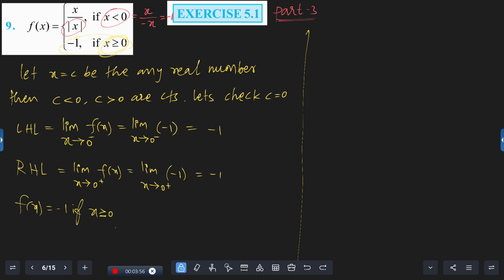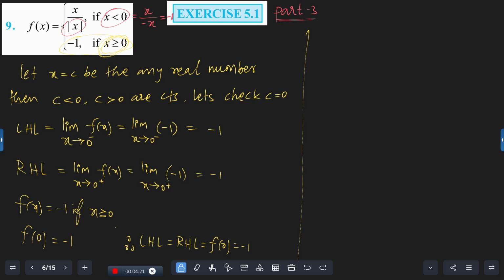Where we have the equal sign, that only we use for the function value. So f of 0 is minus 1. So the left hand limit, right hand limit and function value are all equal to minus 1, so it is continuous.